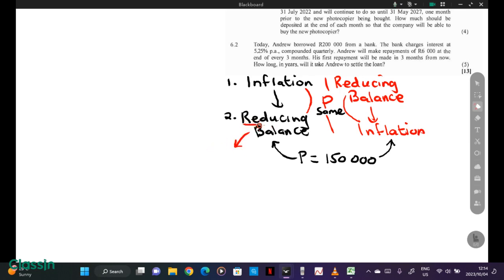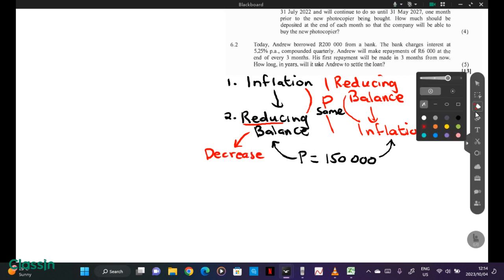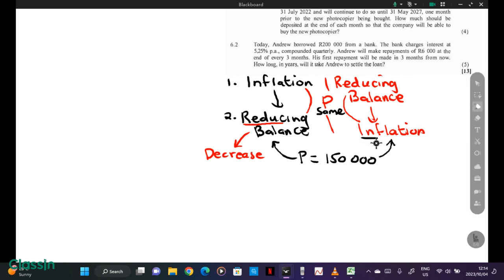From its meaning, you reduce, meaning that the value of money is going to decrease. And if you inflate, it means increase, the value of money will increase. A decrease means that you are depreciating, and an increase means you are appreciating.